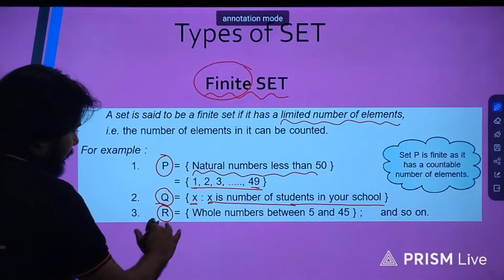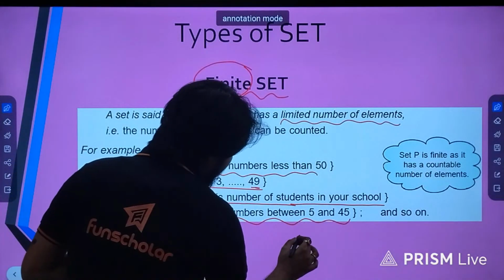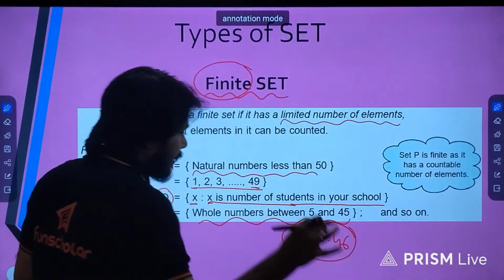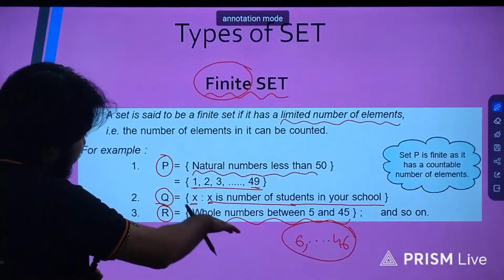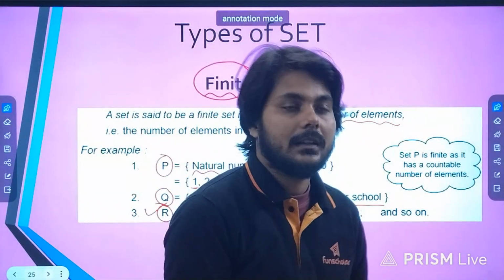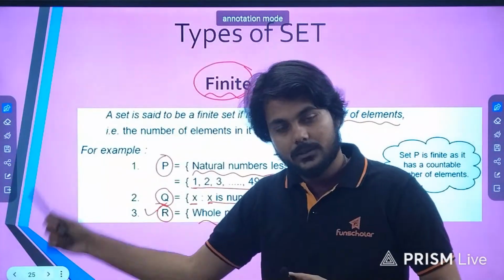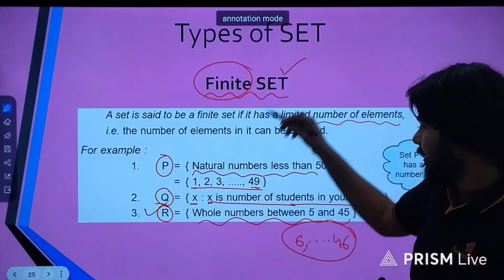R, this is the description method. Whole numbers between 5 and 45. From 6, where will you write up to? Up to 44, from number 6 to 44. This particular set also has a finite number of elements. So R is a finite set.